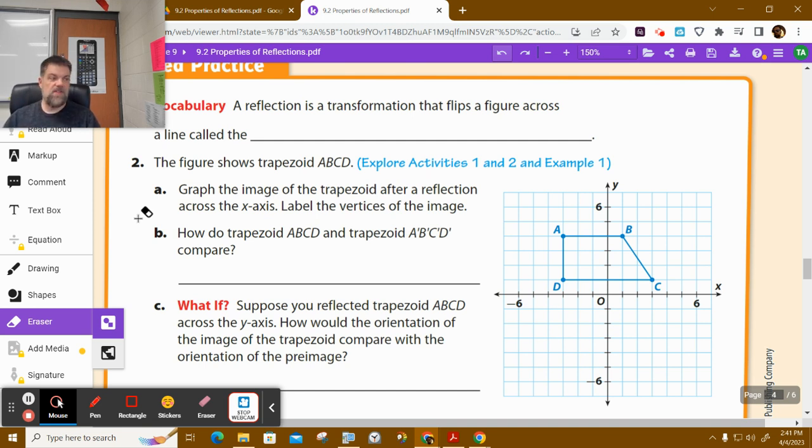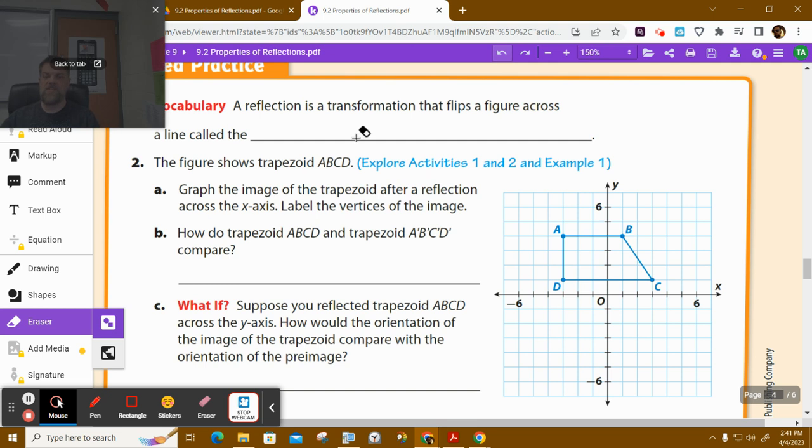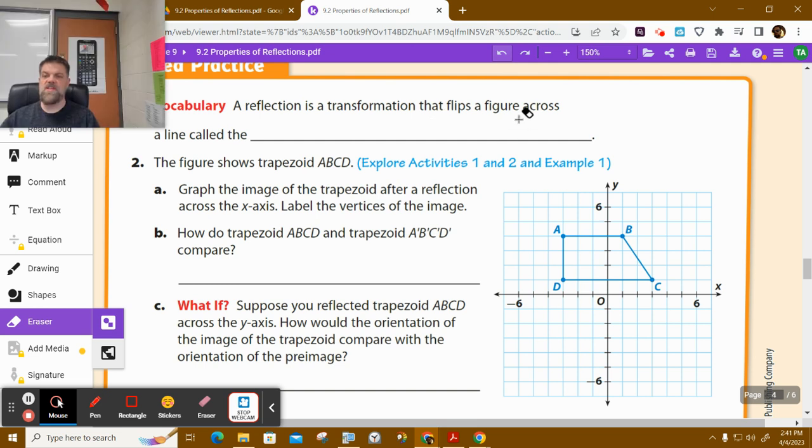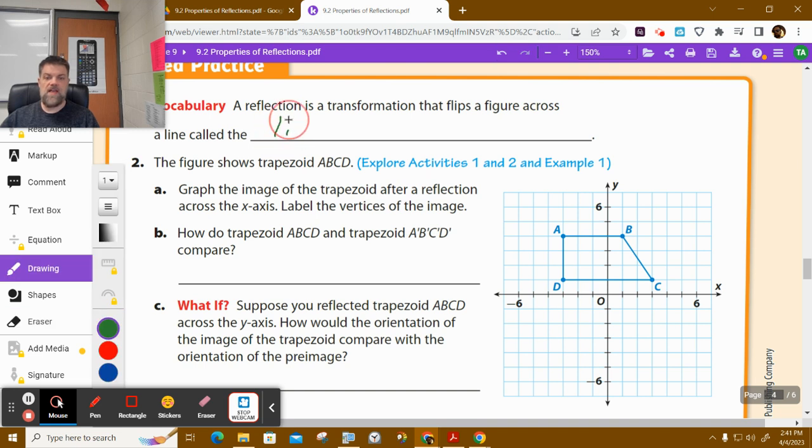We could do this. So a reflection is a transformation that flips a figure across a line called the what? Line of reflection. Write that down.